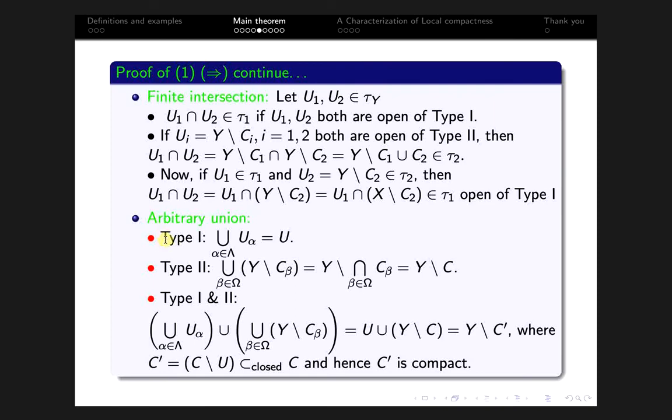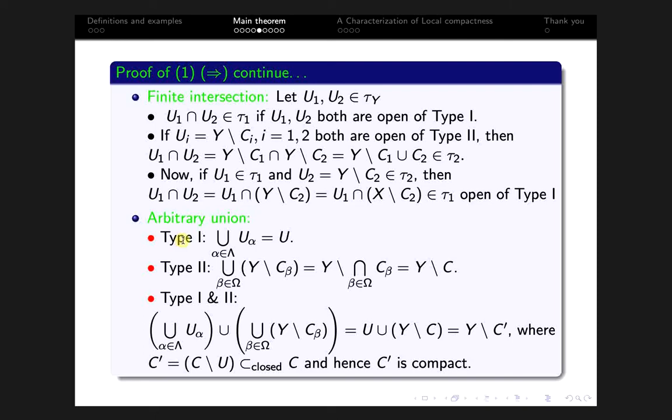So consider a collection of open subsets U alpha, where alpha belongs to some index set lambda. If the collection U alpha is of type 1 open sets, then the union of U alpha, alpha belongs to lambda, is equal to U, which is open of type 1.